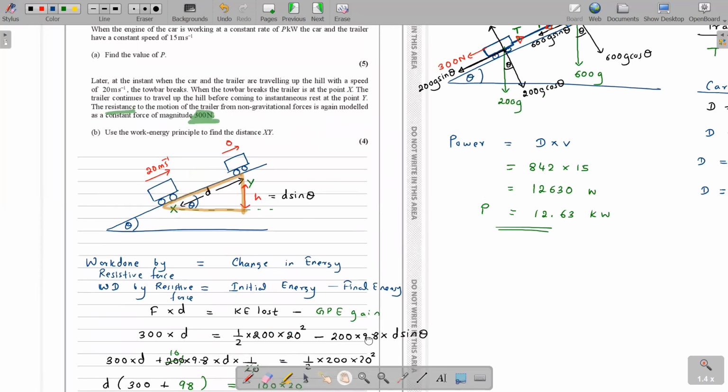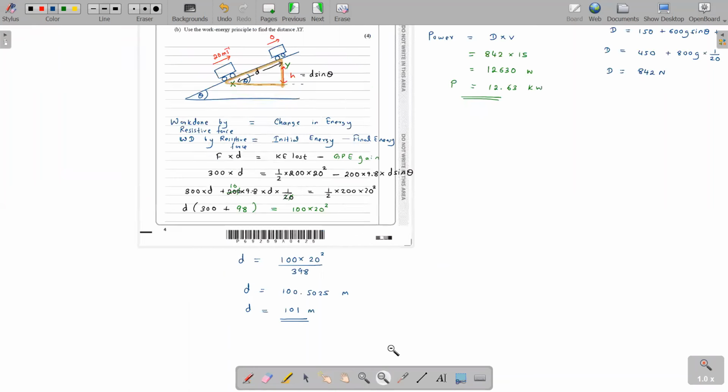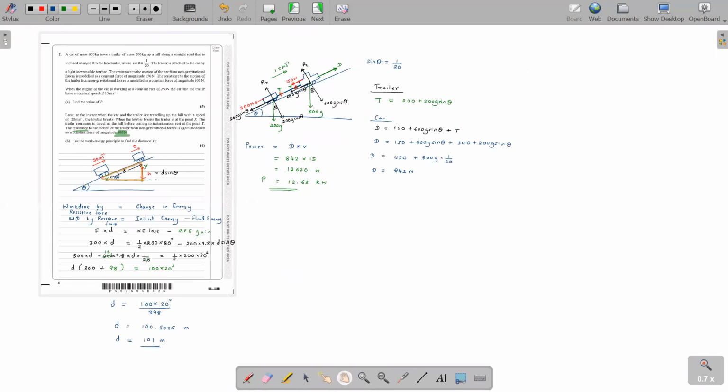They have told us to use the work energy principle to find the distance xy, so we'll make it 3SF. It will be 101 meters. Give your final answer to 3SF. Okay, so this is it. I hope you understood the work energy principle.